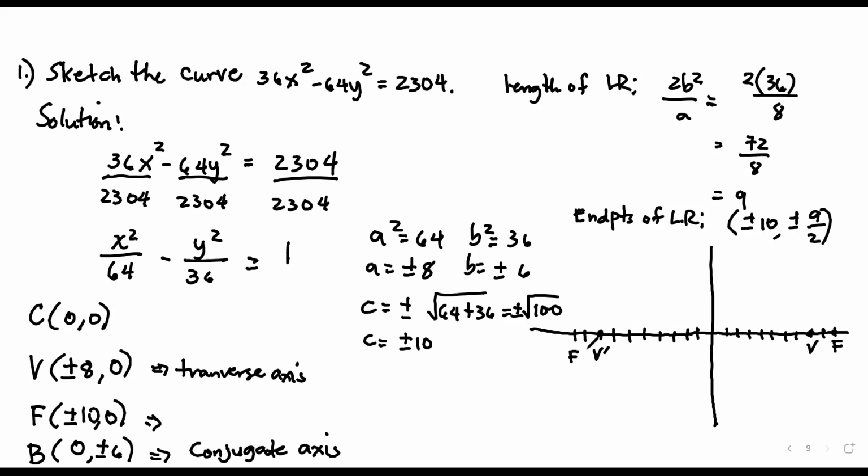Ngayon, class, ang focus, ang foci, nasa labas na ng vertices kasi ang sa parabola, tsaka sa ellipse, nasa loob. Tapos, kailangan nating endpoints. 10. Ito yan. 10, 9 halves. That's 4.5. 3, 4, 5. Kalahati. 1, 2, 3, 4, 5. Kalahati.